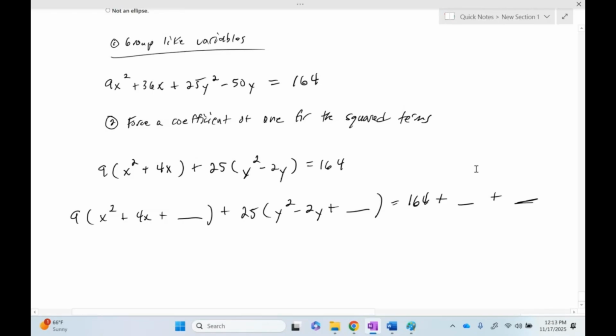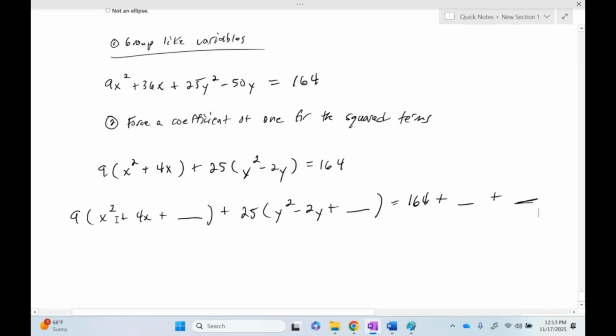The reason why I put these blanks on the left-hand side is because we're going to complete the square. And the reason why I put the blanks on the right-hand side is because what you add to one side, you got to add the same thing to the other side, right?